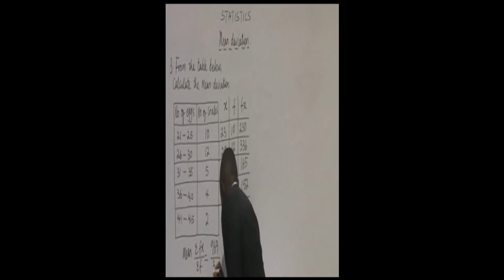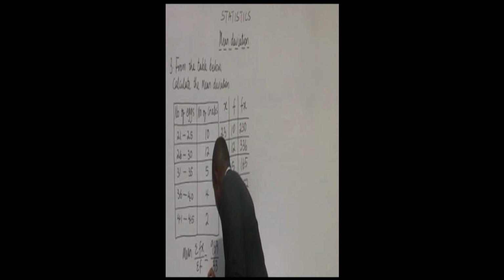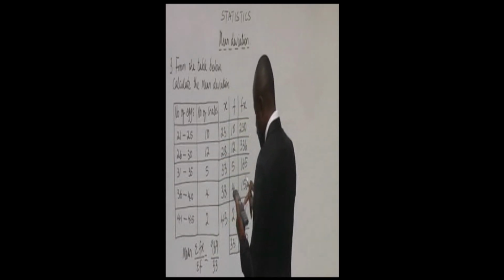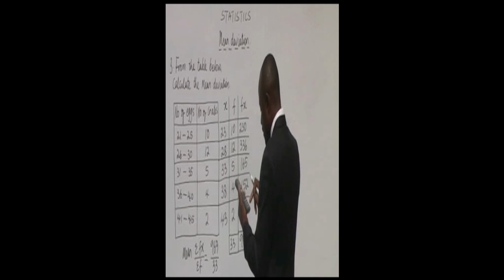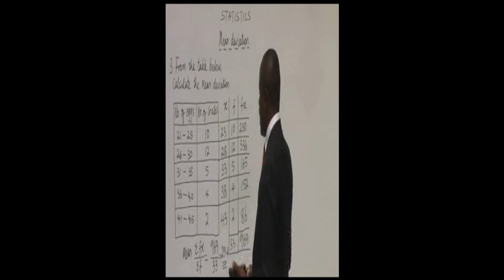So we have 969 divided by 33, which gives 29.36. Let's say 29.4 in one decimal place. That is the value of our mean.